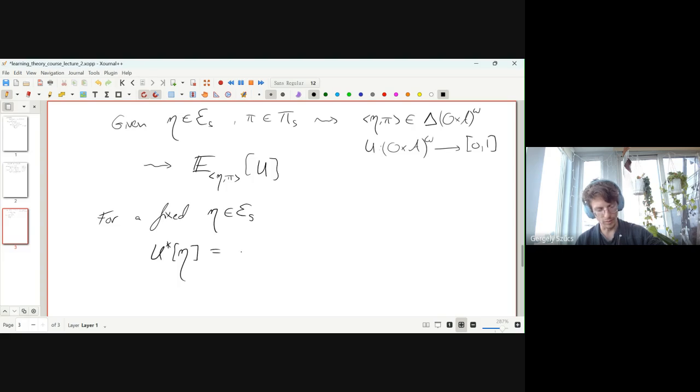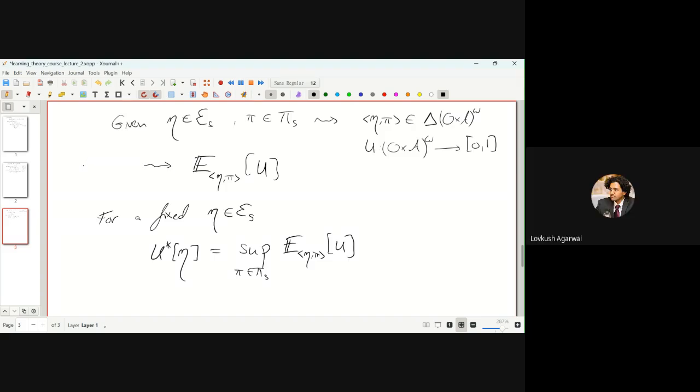It would be defined as a supremum over all policies of the expected utility under the interaction. So this is the optimal utility for that environment.